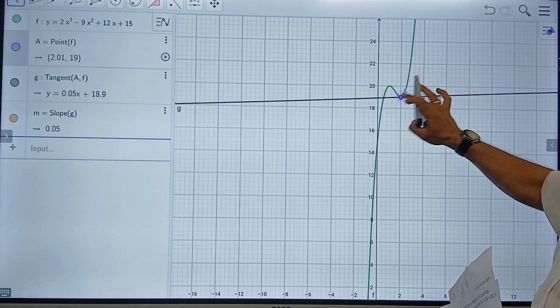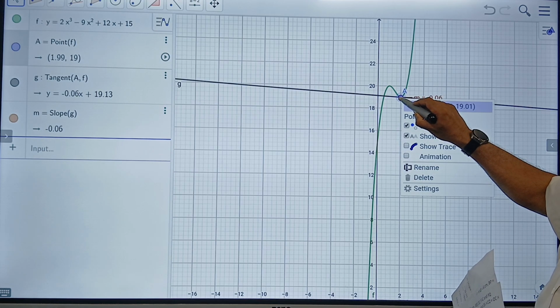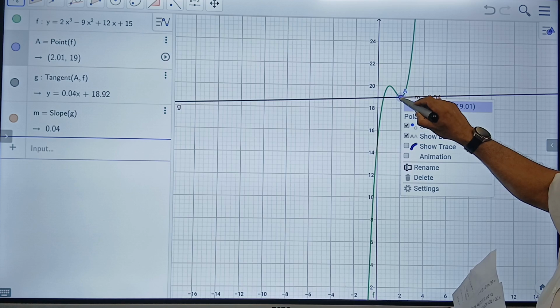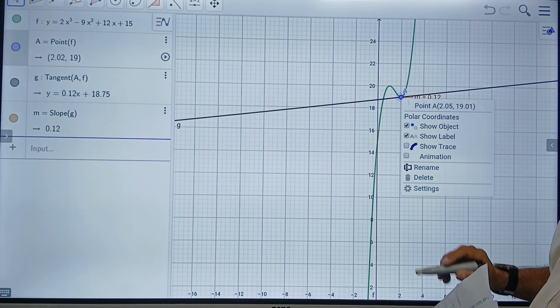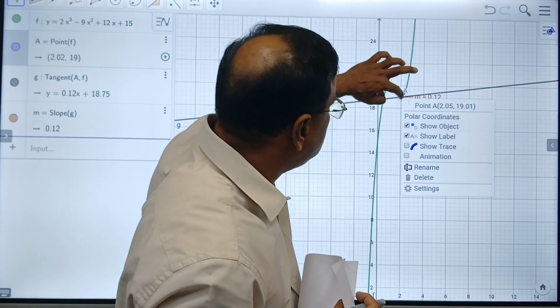It has to be 0, but because of scale, there will be some error. When a becomes 2, it will become 0. And you can visualize it.